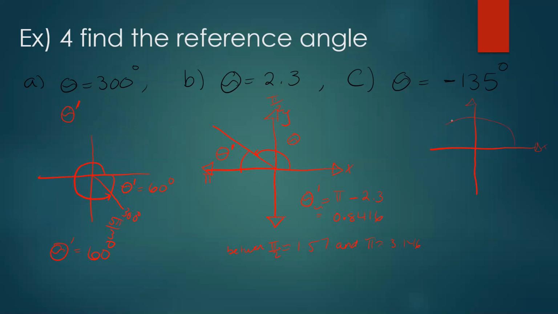So instead of going this way, we're going to go the other way. From here to here is 180, so from here to here, this would be negative 180. So negative 135 should be in quadrant 3, right? It'd be right here. Here's exactly negative 135.